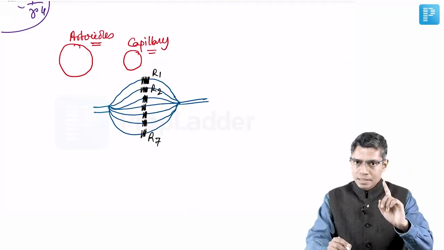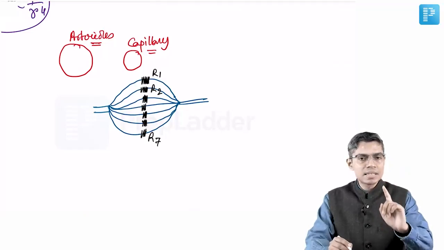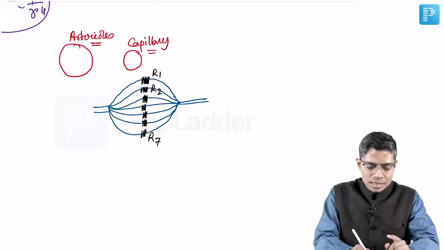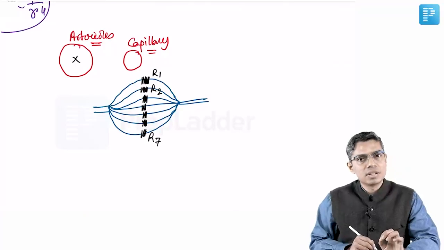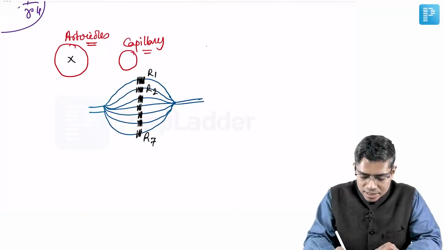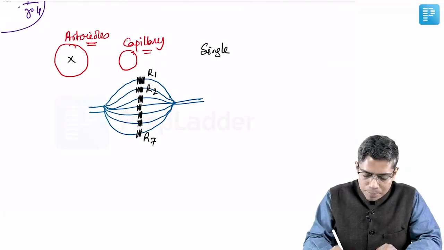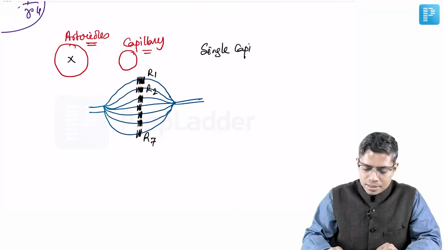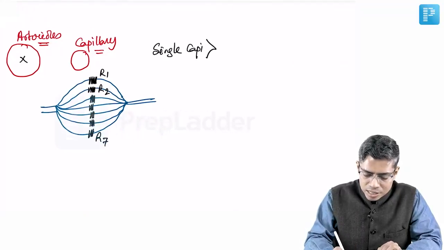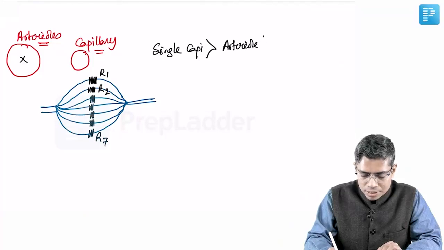The resistance of a single capillary is very huge compared to that of a single arteriole, right? So I'm writing here, single capillary resistance is very huge compared to the single arteriole resistance.